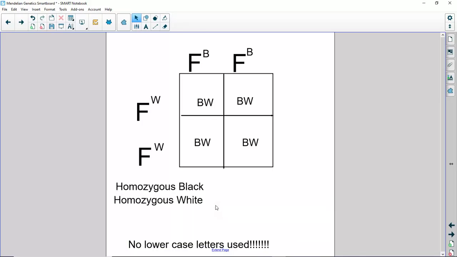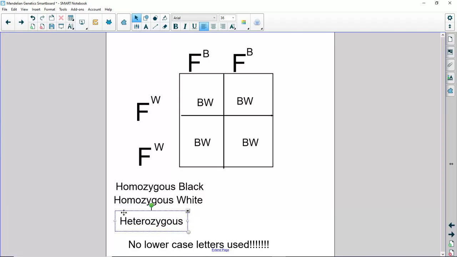Now you could also use letters: capital B, capital W, and BW, all capital.